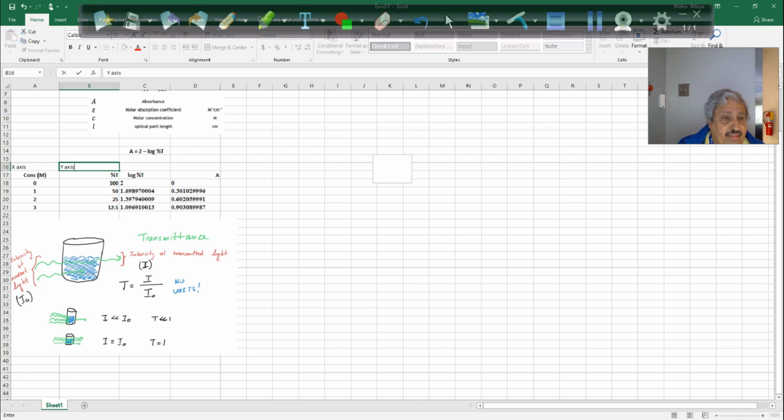Now I want this one here. This is my x-axis. When you start, that will be your x-axis all the time, and the second one is your y-axis.